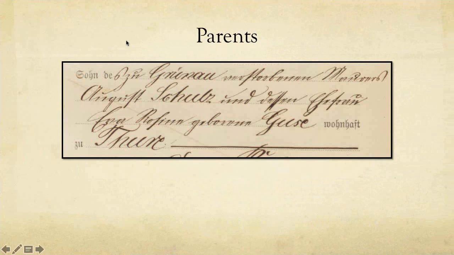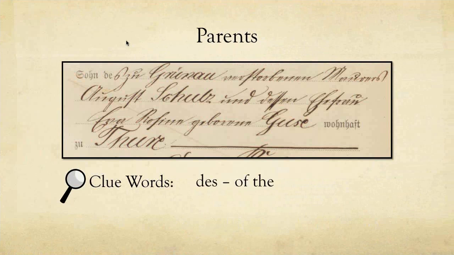Next on these certificates, we're going to get the parents' names. And this is a little bit of German grammar. So if you've started to tune out, come back to me. This is so important for German genealogy in general. What we are going to need here, our clue word, is going to be the word des, D-E-S.